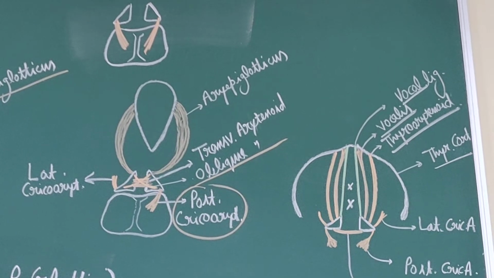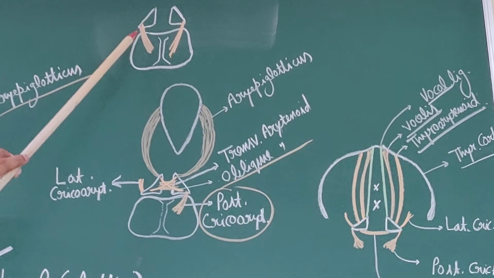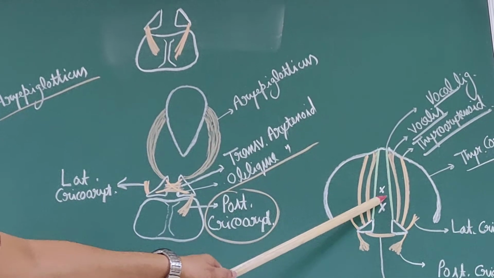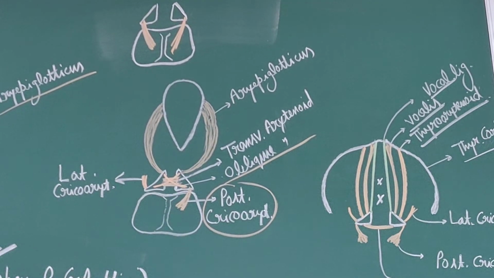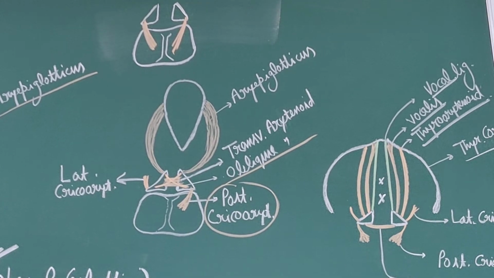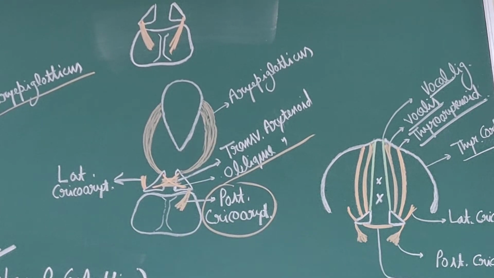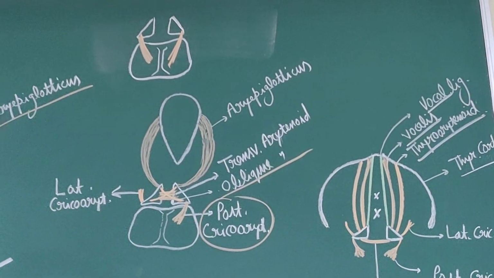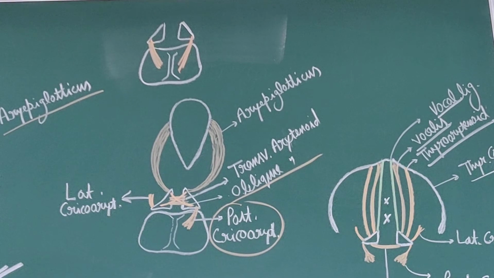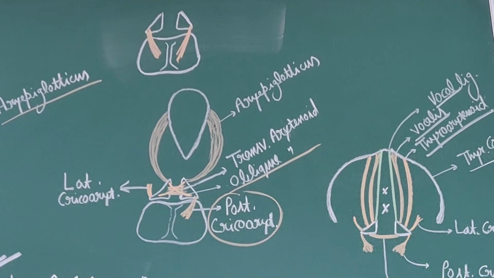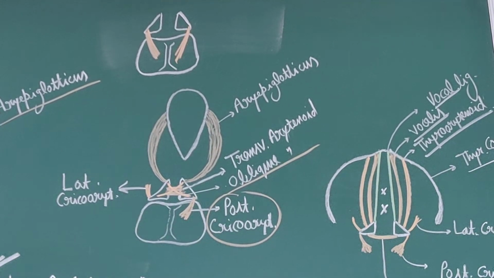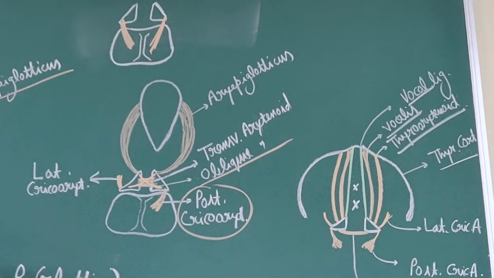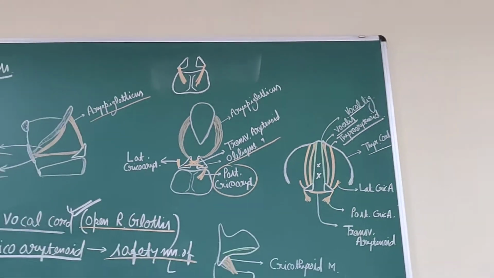If the posterior cricoarytenoid muscles of both sides are paralyzed, the two vocal folds come close to each other, adducted by the adductor muscles, and as a result air does not enter the lower respiratory tract, which leads to the death of the patient. That is why it is known as the safety muscle of the larynx.